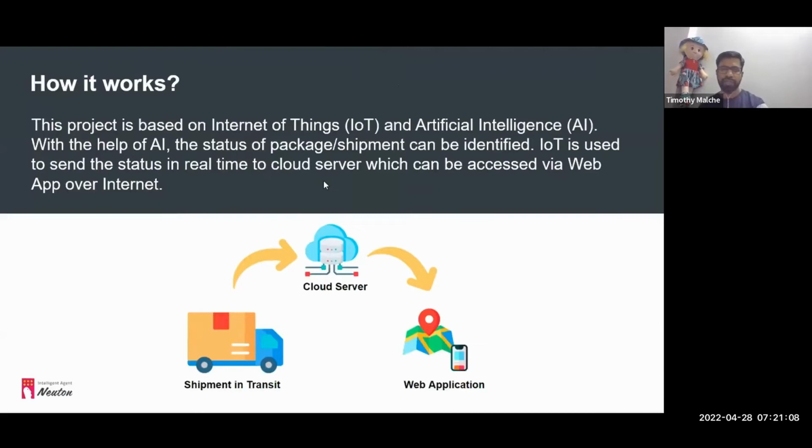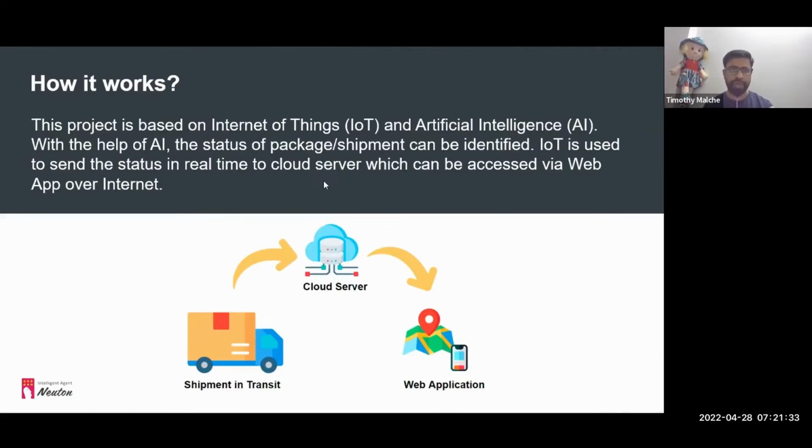So how does this project work? This project is basically based on Internet of Things, and I think you all have heard about Internet of Things. It allows us to connect all of our physical devices to the internet and get the information from those devices. But this project has a special part also.